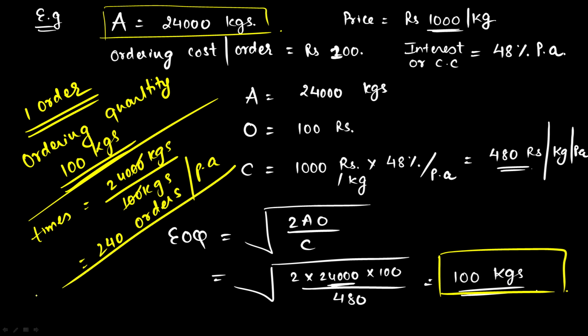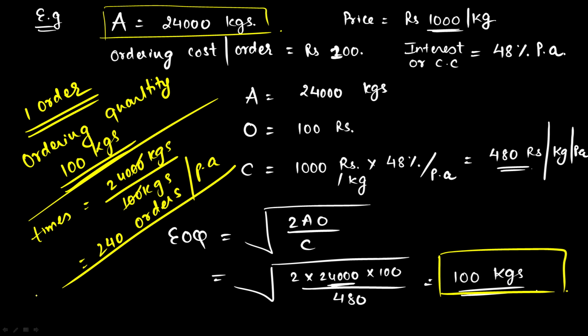You will be ordering 240 times. Every time you will be ordering 100 kgs. I am still concentrating on understanding ordering quantity. Every time I will pick up the telephone and order 100 kgs. And that is my ordering quantity.